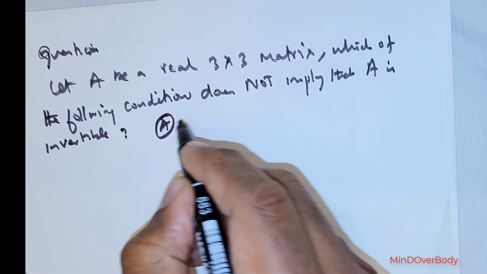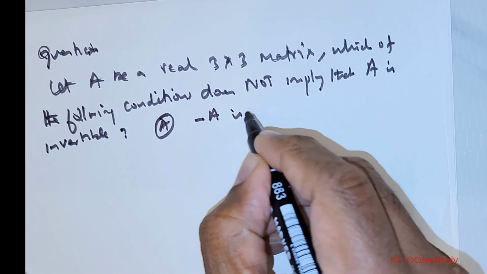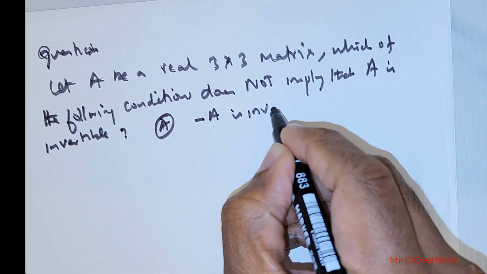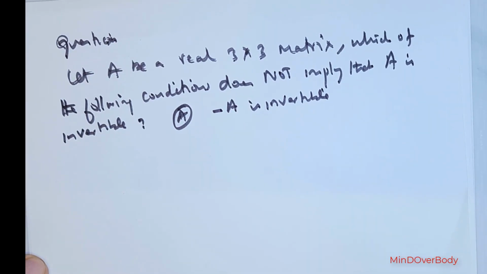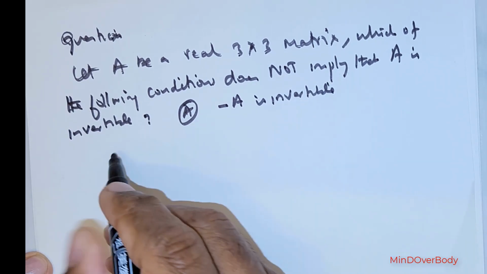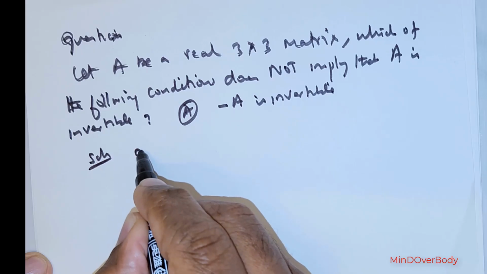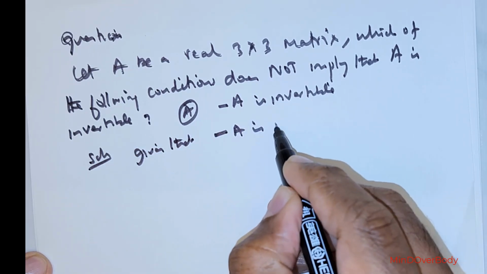Okay, so you have choice A: negative A is invertible. Let us first check these choices one by one. We have been given that negative A is invertible.